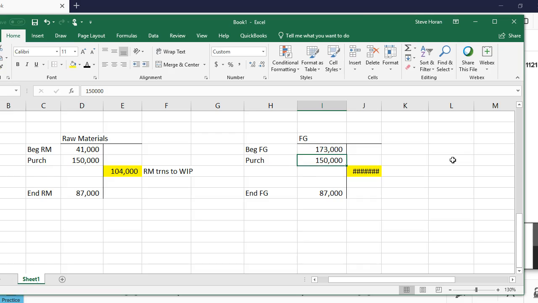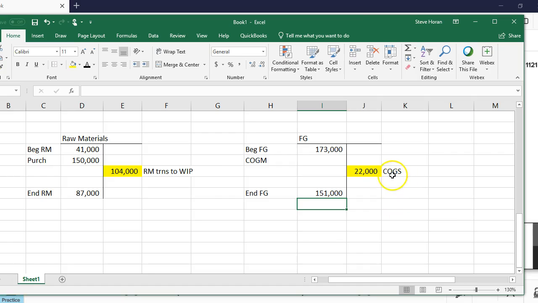We don't have purchases, so that wouldn't be included. Instead, we'd have cost of goods manufactured as the debit, and then we credit cost of goods sold. So as we sell a finished good to our customer, we credit that number. My beginning finished goods is 173, and my ending finished goods was 151.